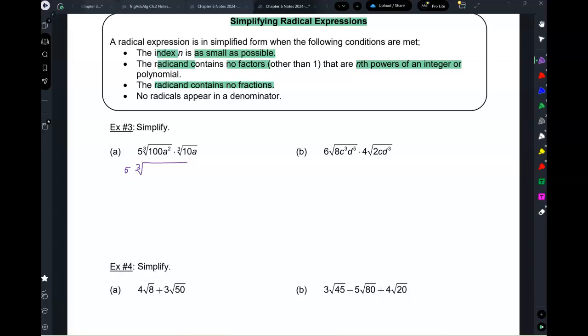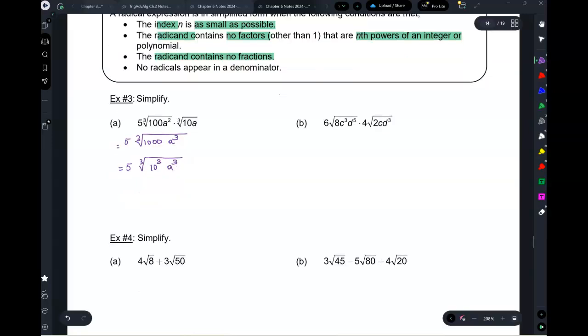But it's a cube root. So this is going to be 1,000 a cubed. Now, this is 5 cube root of 1,000, which is 10 cubed and a cubed. So you can see now, you can take out a 10 and an a, and you get 5 times 10a, or 50a.